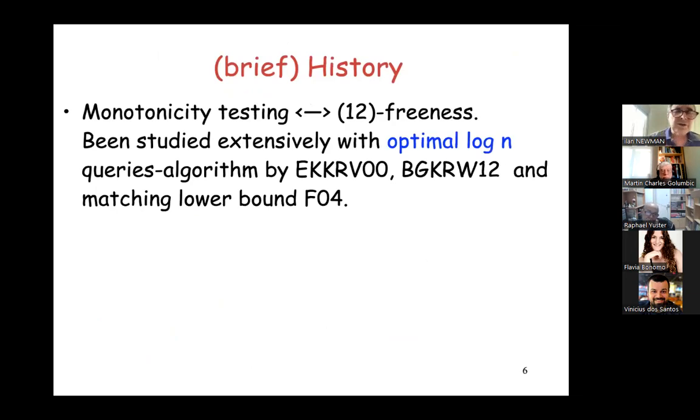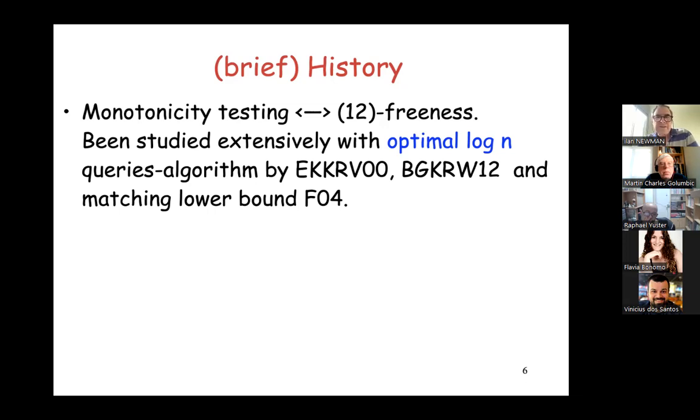So a brief history before going into the details of the algorithm and this work. Monotonicity testing, as I showed you before, is just 1-2 freeness or 2-1 freeness, depending on whether you want to think about monotone increasing or monotone decreasing. It's the same thing. You can always look at the sequence backwards. So it's really two equivalent properties.